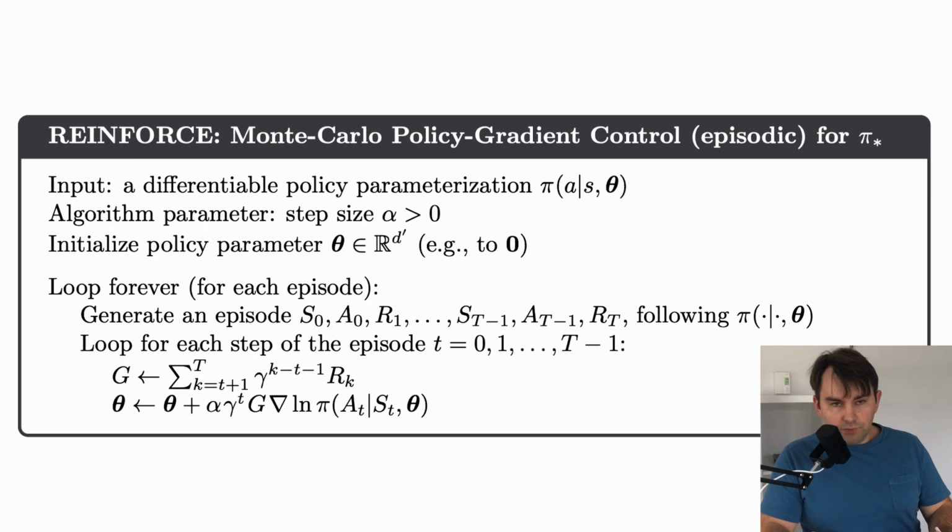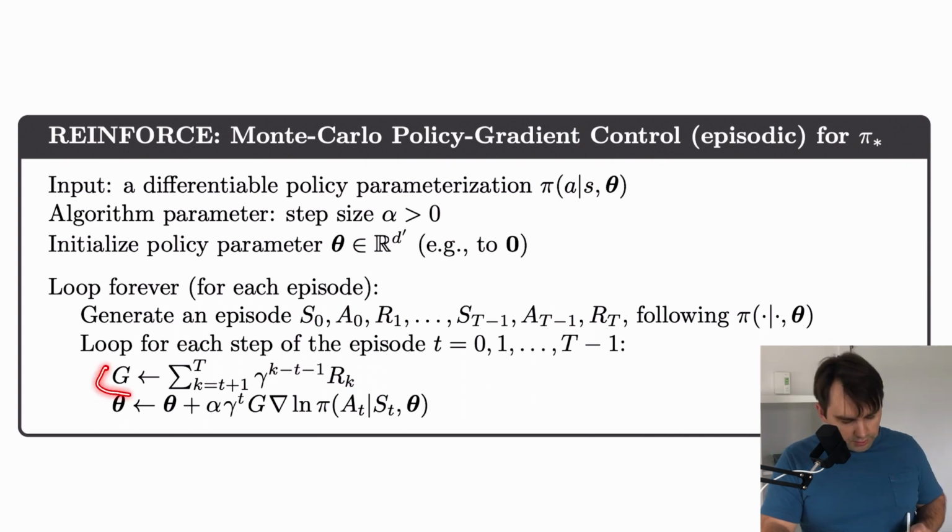So once we have this full episode of experience, we can loop over each time step of the episode right here, and we compute our discounted return. Discounted return is just the sum of all the rewards starting from this step k up to the final time step, multiplied by this discount factor gamma, and this discount factor just takes higher and higher powers as we progress into the future.